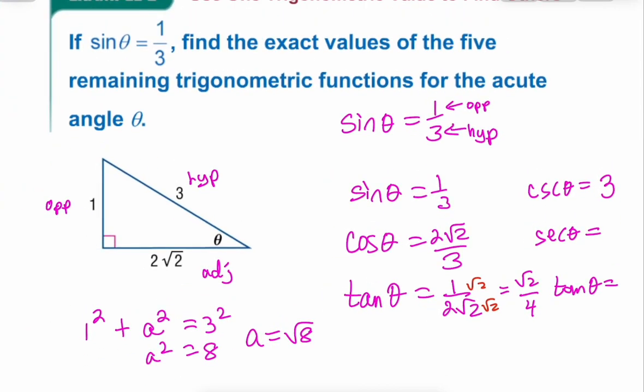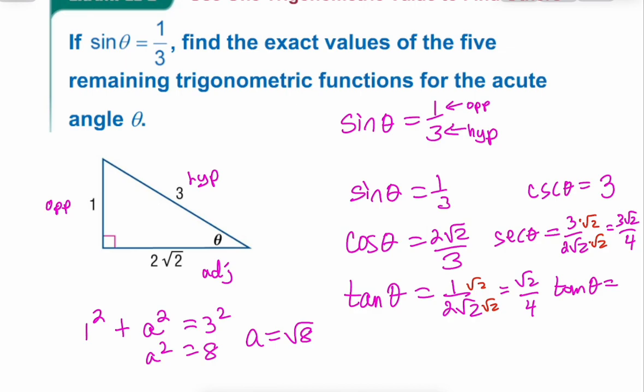Now, for my secant, if I flip over 2 radical 2 over 3, it becomes 3 over 2 radical 2, but you should rationalize. So I multiply by radical 2 on top and bottom. I get 3 radical 2 over 4. Tangent.